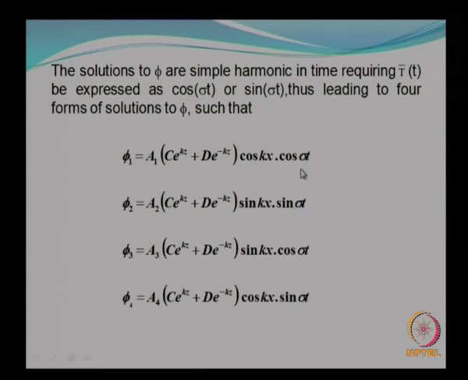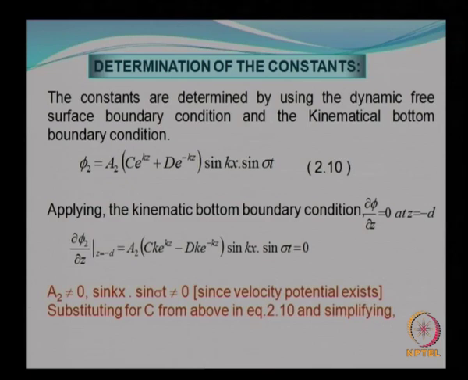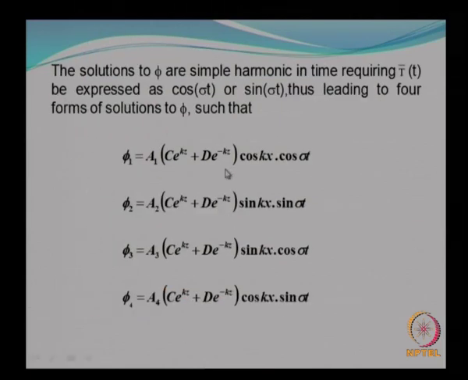Have a clear look at the combinations: cos kx into cos sigma t, cos kx into sin sigma t, then sin kx into cos sigma t. So all these combinations are possible. So we need to consider all these combinations and arrive at some kind of an expression in order to eliminate the constants, for which we resort to applying the boundary conditions.